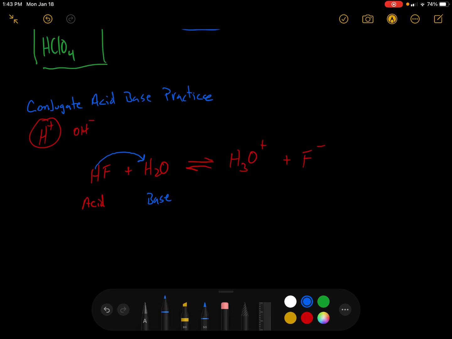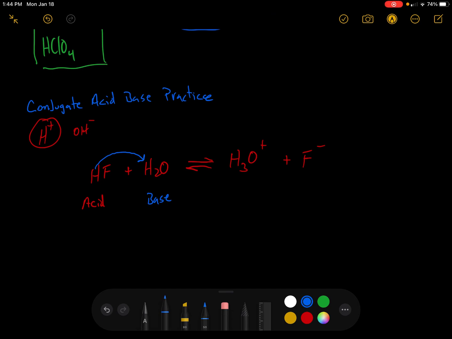Okay? So we know that, but what is then, therefore, the conjugate? Now, conjugate means together, like they are in pairs, they are with each other. It's kind of like that old definition of marriage being a conjugate relationship. So what you're going to look for is the added or missing hydrogen atom, a hydrogen proton.